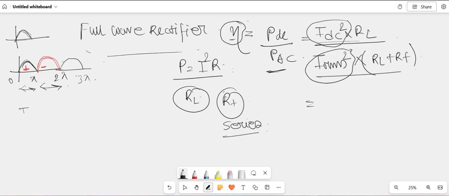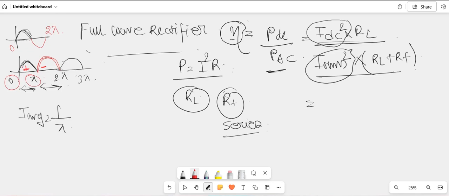So here we will do the integration with the total time period as pi, because in the full wave rectified output the cycles just repeat every interval of pi.